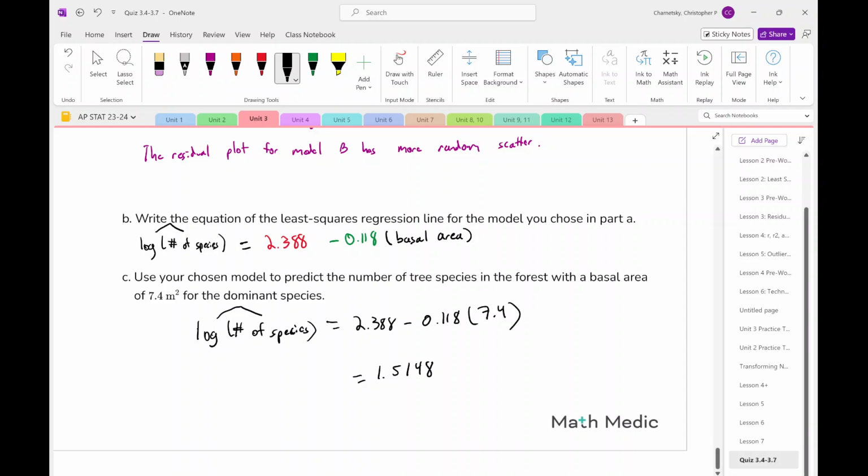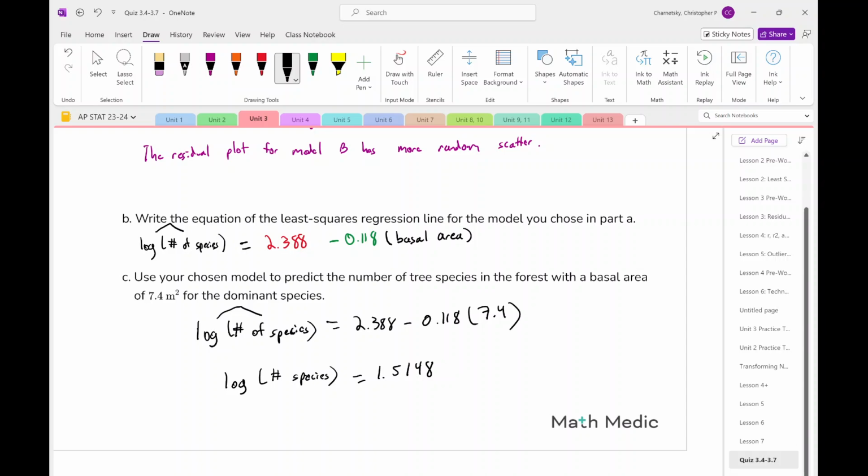But this is not the number of species. This is equal to the log of the number of species. Now remember, log has a base of 10.